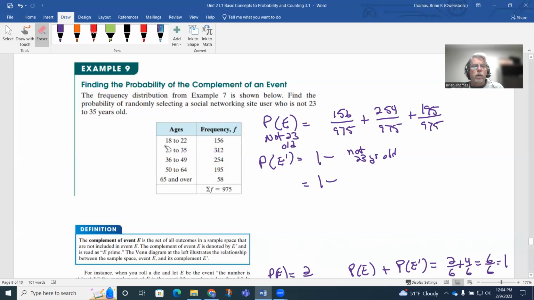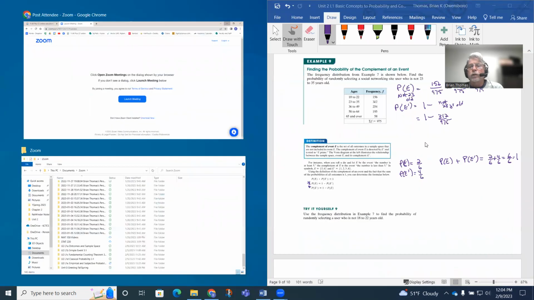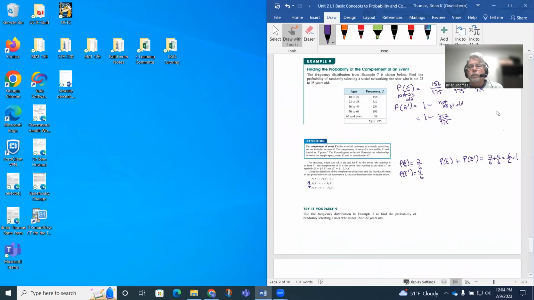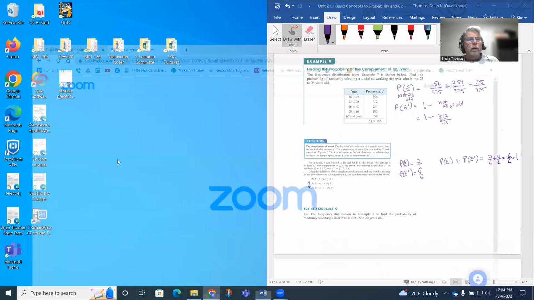When I do not this, if I subtract that from 1, my math would now take on this 312 over this 975. So I'd have this math here. If we slide this over, you can see there are 2 ways to do this problem. Let's see if I can find that again.